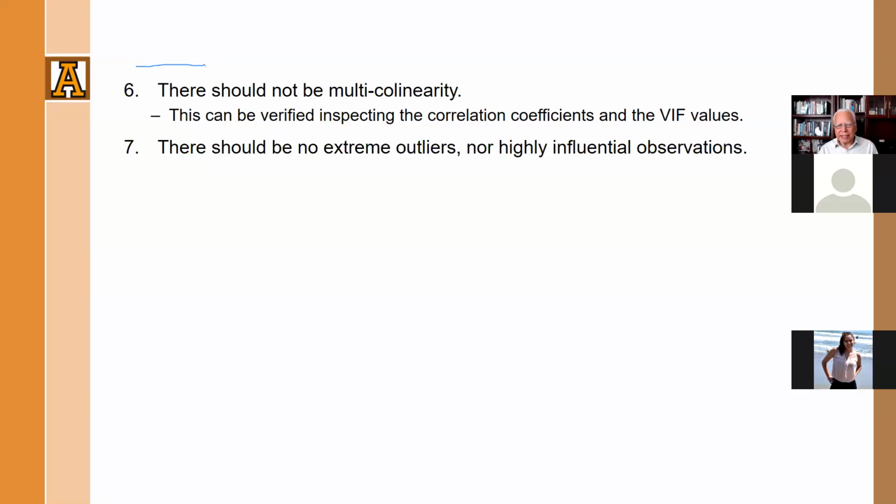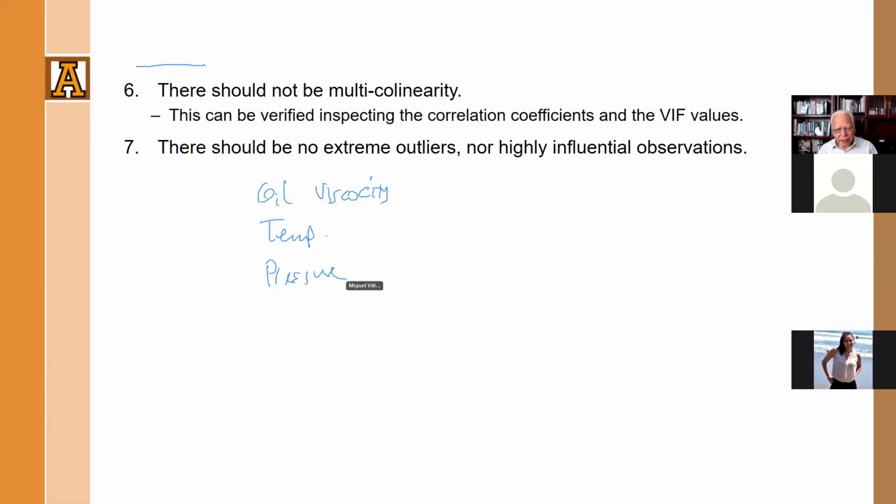For example, let's suppose I'm trying to predict the results of a manufacturing process, and I have three predictors: oil viscosity, temperature, and pressure.